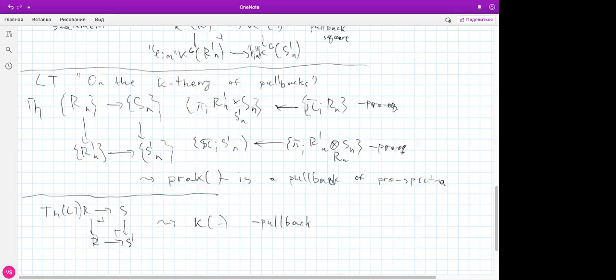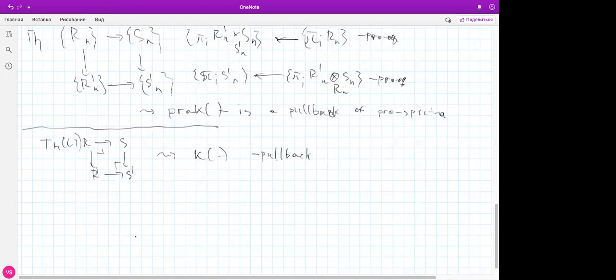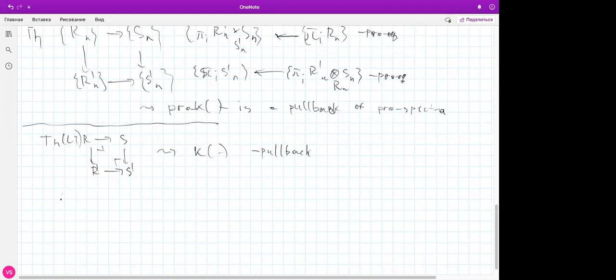Moreover, they show that if you have this condition up to the first n homotopy groups, so if pi_i of R to pi_i of R prime cross S over S prime is an equivalence for all i less than some n, and the same for S prime.